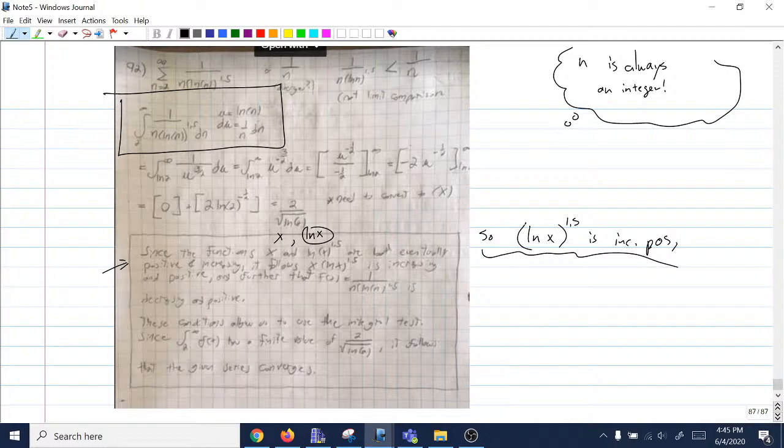It follows that f of x is decreasing and positive. If you're writing f of x, then this needs to be 1 over x log x to the 1.5. Part of the reason we make a big deal about n being a whole number and x being a variable is sometimes we're talking about sequences and sometimes we're talking about functions. If you want to use the alternating series test, you need to know that the sequence is decreasing.